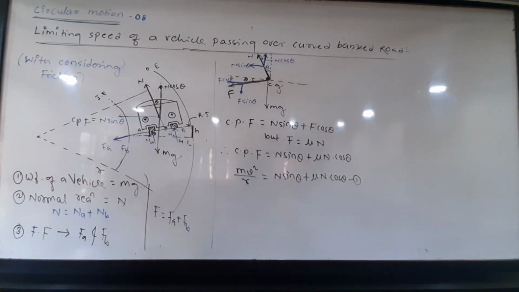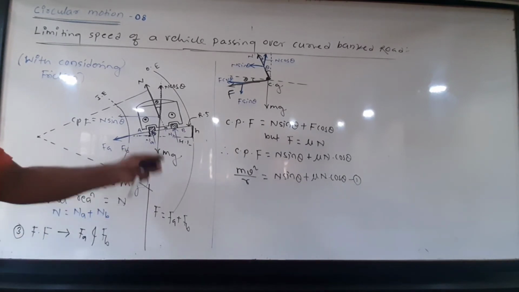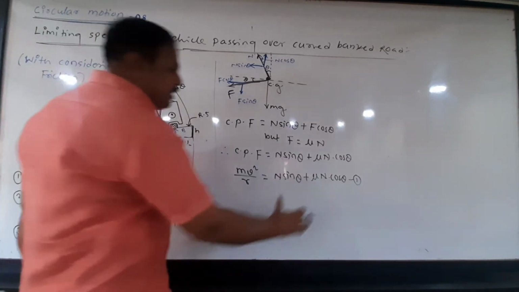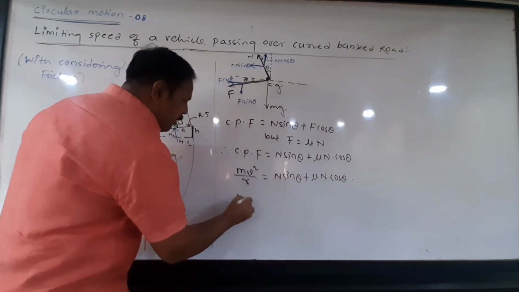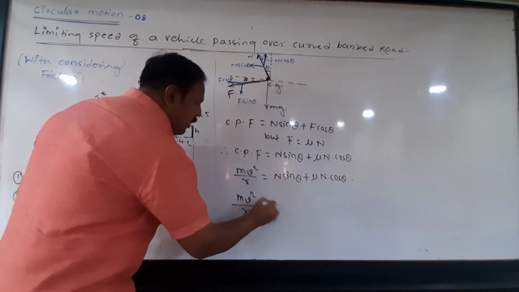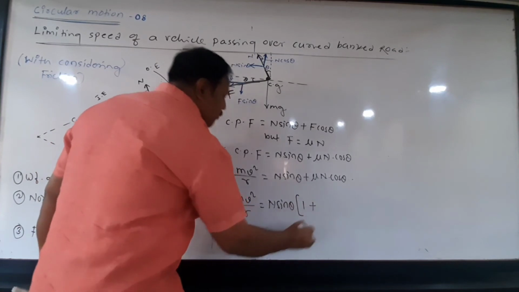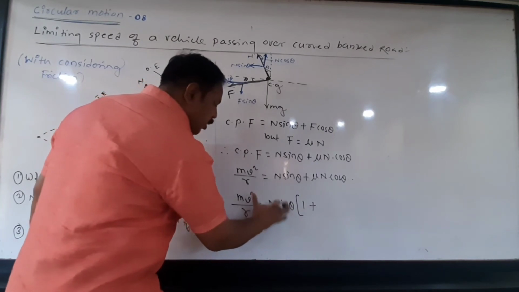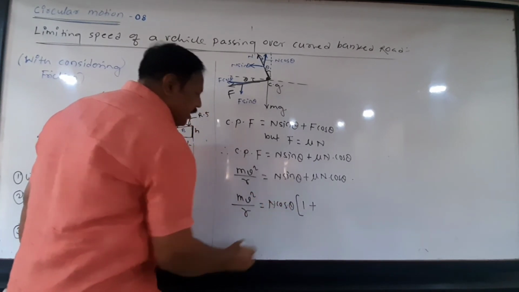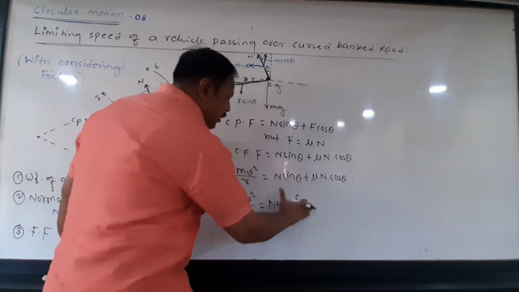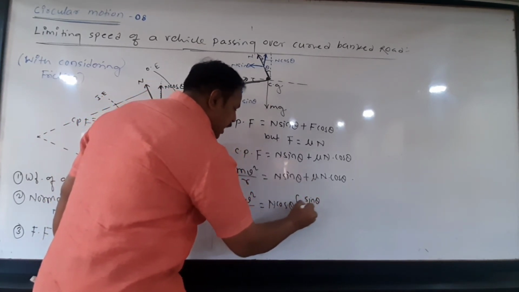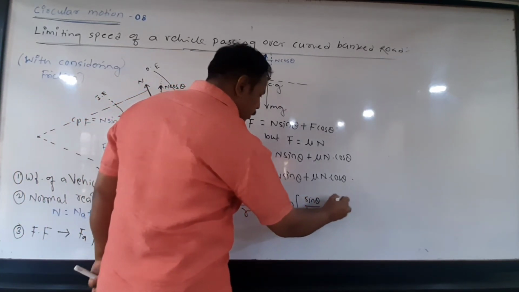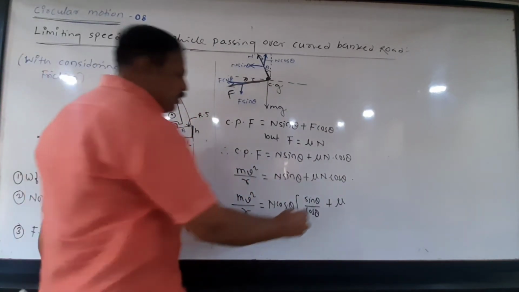Or we can solve it further. What is mv square upon r? Take N cos theta as common: mv square upon r equals N cos theta times, sin theta upon cos theta, plus mu, because N cos theta is taken as common.